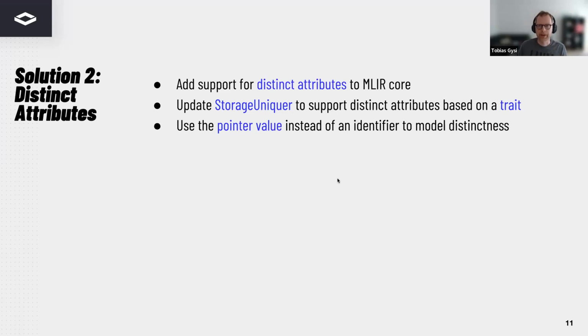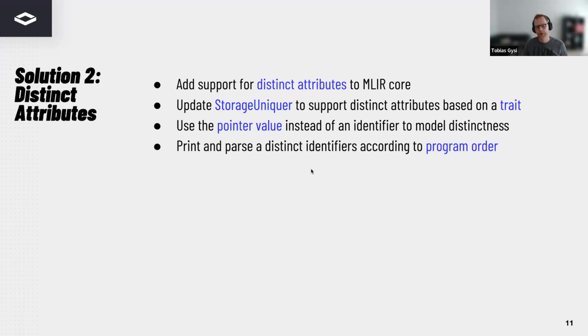And what that means semantically is that instead of having an identifier stored on the distinct attribute that ensures it is unique to the same attribute, we sort of use the pointer value as this identifier.